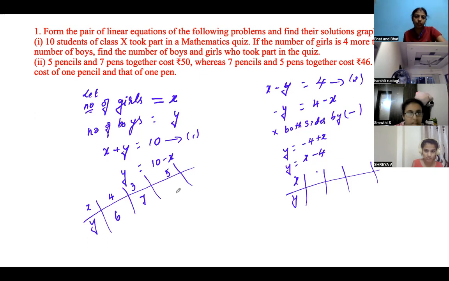If you take 5, you will get 5. Correct? Y will be 5. Okay. Now for this equation.